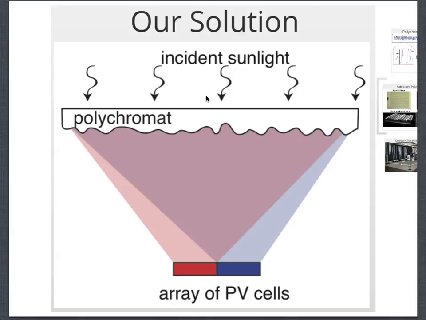So that's not practical. The other technique people have used is diffraction gratings, which can also split the light into different colors. But the problem with diffraction gratings is that they have very low efficiency.